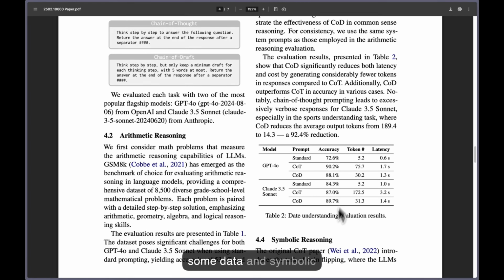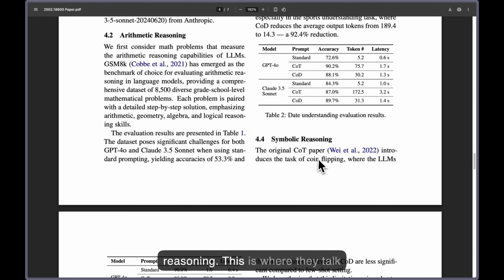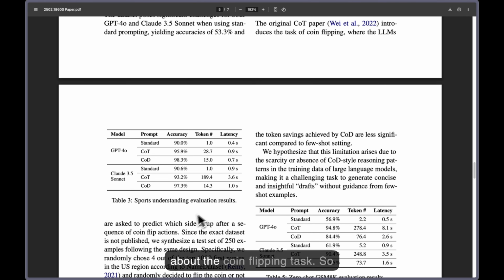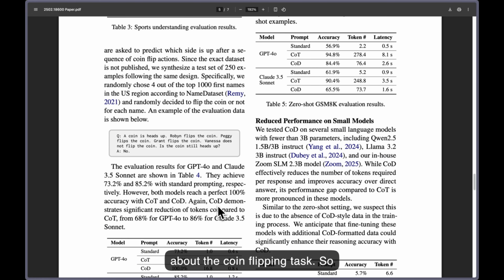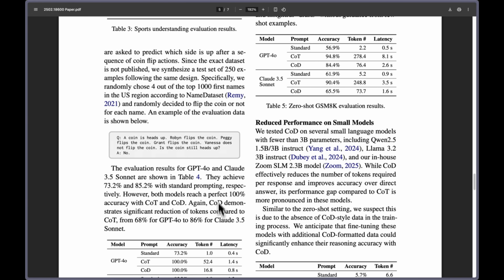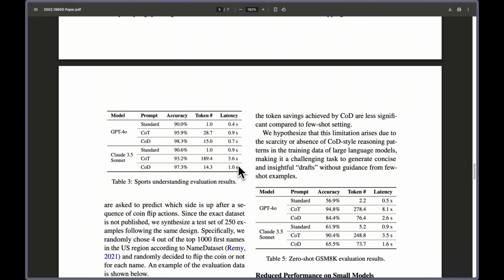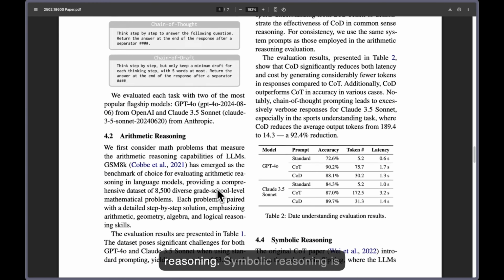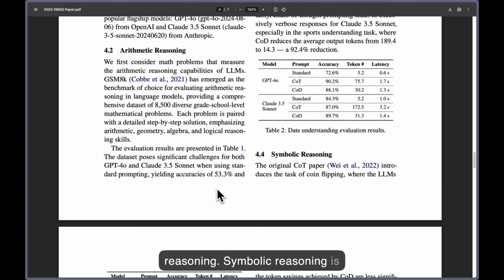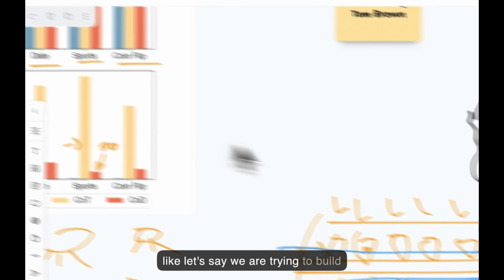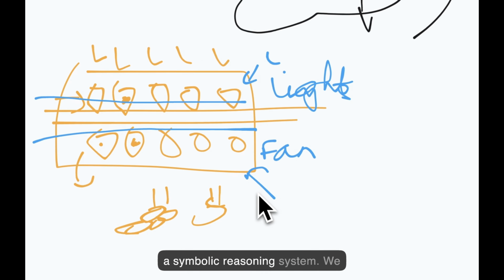They talk about some data and symbolic reasoning. This is where they talk about the coin flipping task. So in symbolic reasoning, let's say we are trying to build a symbolic reasoning system.